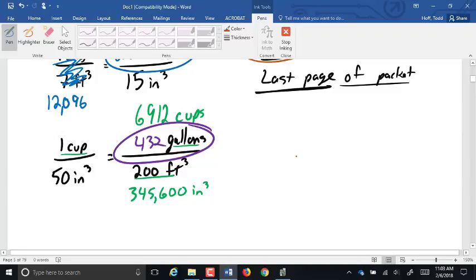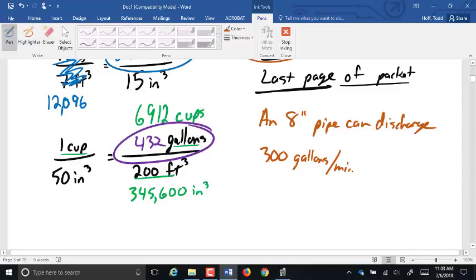For example, let's say you have an 8-inch pipe that can discharge 300 gallons per minute. How much could a 10-inch pipe discharge?